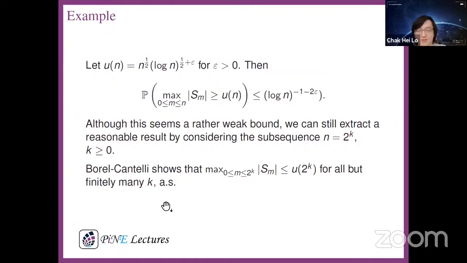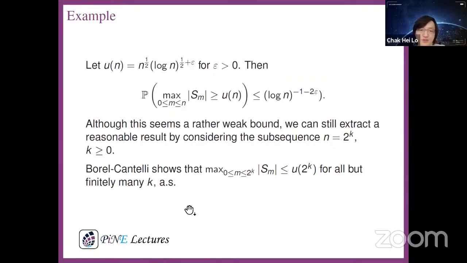So if you apply Borel-Cantelli, it shows that the maximum of Sm for m within 0 to 2 to the power k is less than or equal to U of 2 to the power k. Okay, because we are taking a subsequence, just replace n with 2 to the power k.